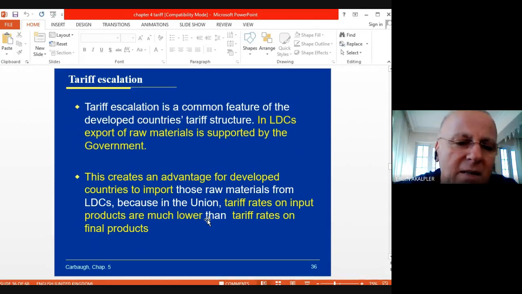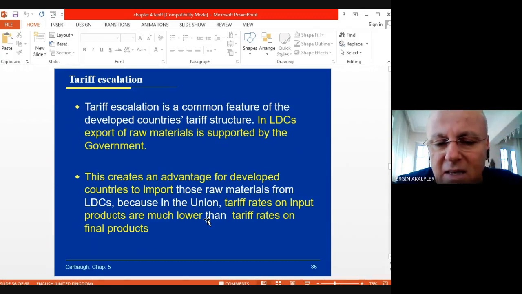In less developed countries, export of raw materials is supported by the government. Therefore, this creates an advantage for developed countries to import, especially from African countries, which are mostly raw material exporters from the less developed world, as I mentioned here, towards the Union, the EU, European Union, where tariff rates on input products are much lower than the tariff rates on the final product.